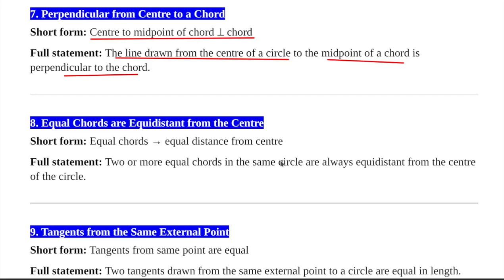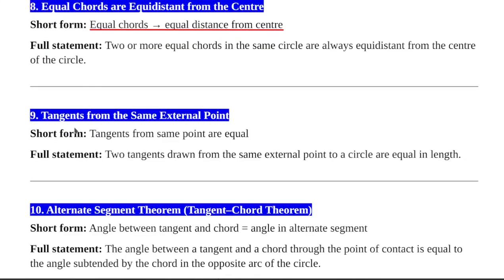That means that the perpendicular distances of these chords from the center are going to be equal. This is: equal chords imply equal distance from center. That's the short form of this theorem.